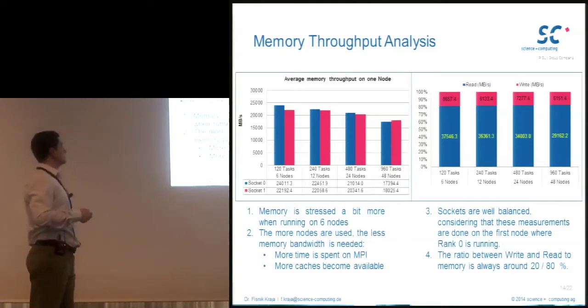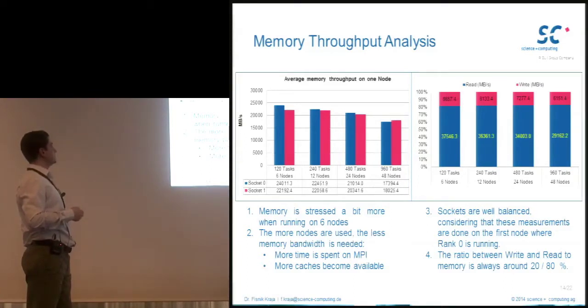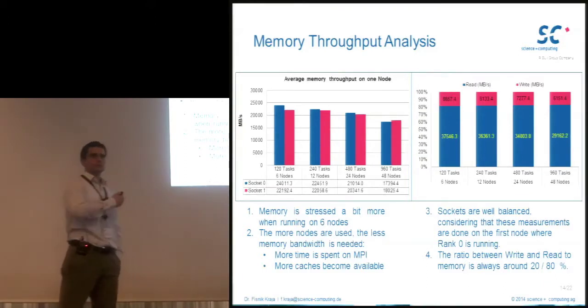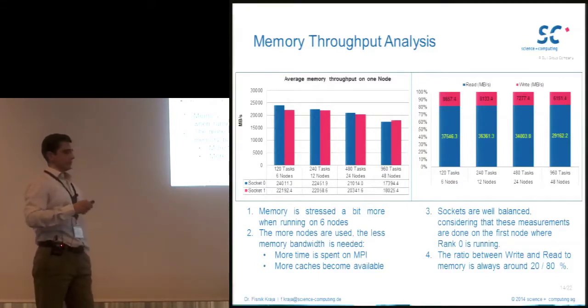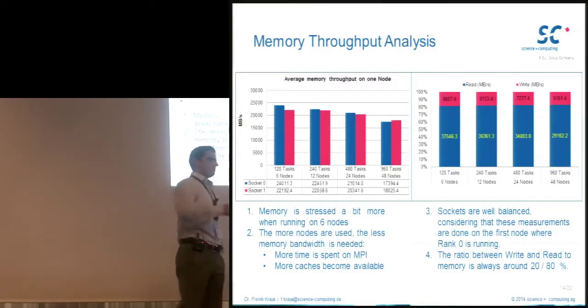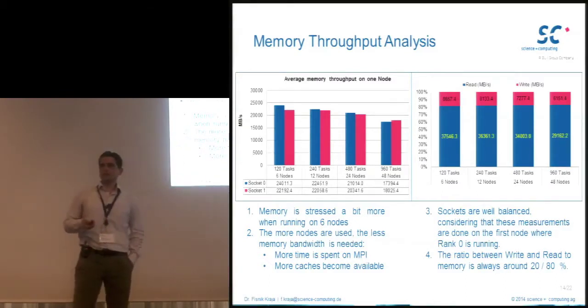As we can see here, we run tests on 6, 12, 24 and 48 nodes by having 20 tasks per node again. Here I show the memory bandwidth on each socket. We see a small difference between the sockets, taking into consideration that the measurements were done on the first node. So these are the results taken from the first node where rank 0 is running, and you probably have more communication from rank 0 in MPI applications.